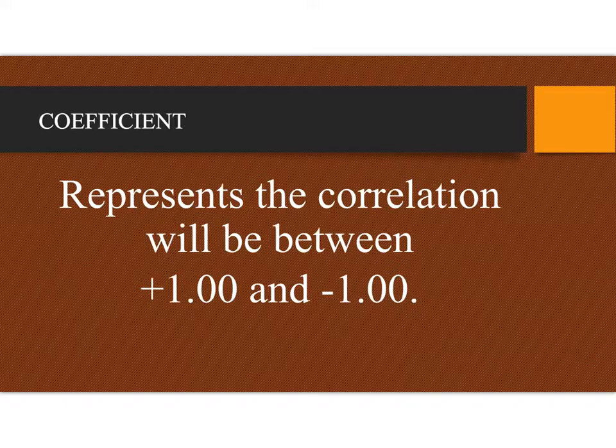When we look at the correlation itself, the numbers range between +1 and -1. Okay? All the numbers that will be reported will be between these two numbers.